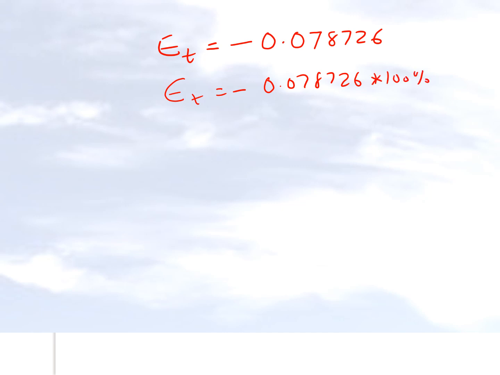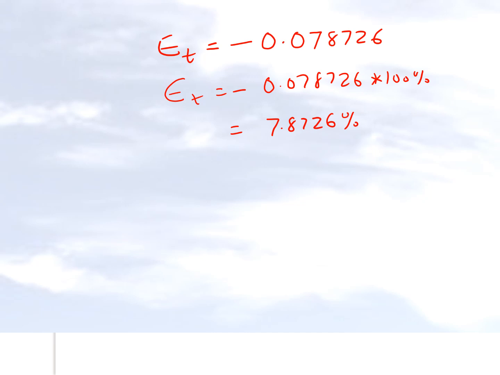That's all you have to do. And you'll get minus 7.8726%. So relative true error can be written as a fraction or as a percentage, depending on how the question is asked. If it's not specified, then you can give the answer in either terms. But if it is asked to be given as a percentage, then you give it as a percentage. If it is as a fraction, then you give it as a fraction, and that's how it'll work.